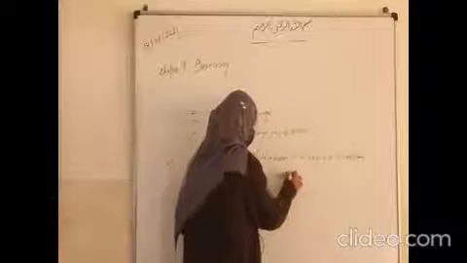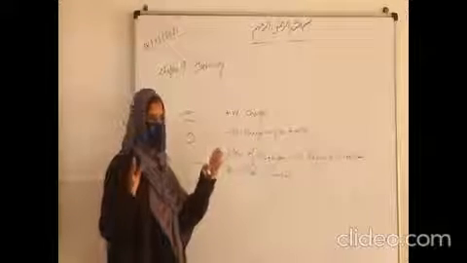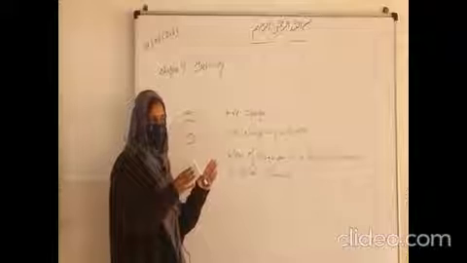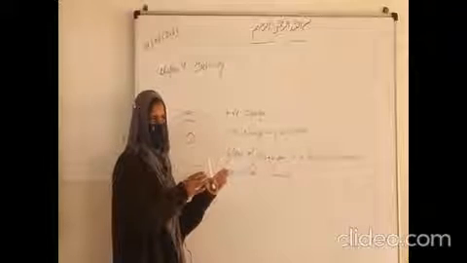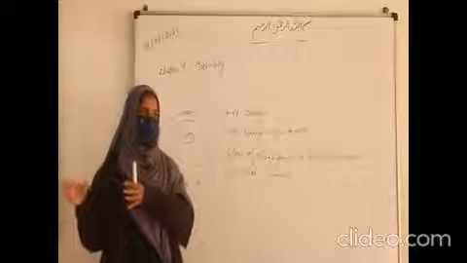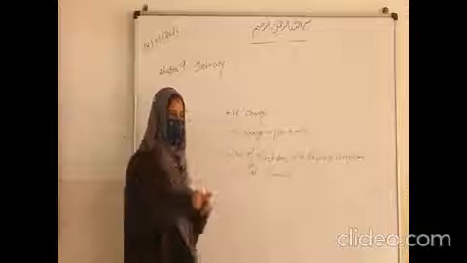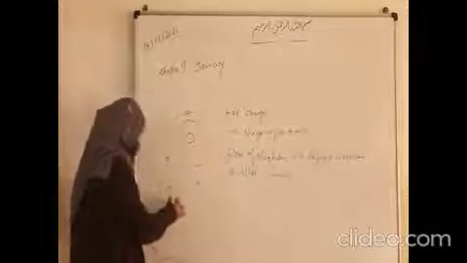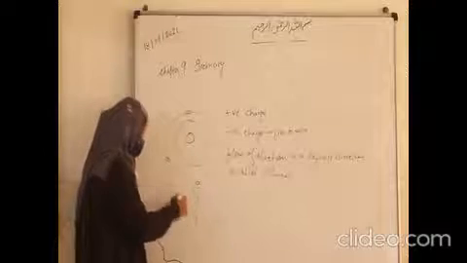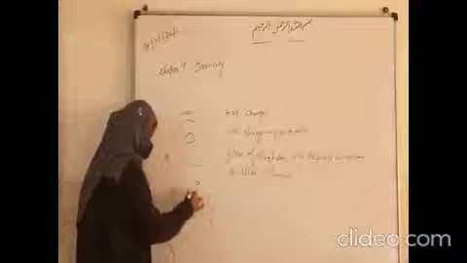Fine. Now suppose two heating bodies are there, one having higher temperature and another having lower temperature. How will heat transfer between those two bodies? Heat will flow from higher temperature to lower temperature.